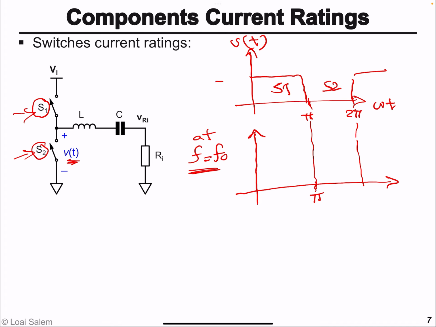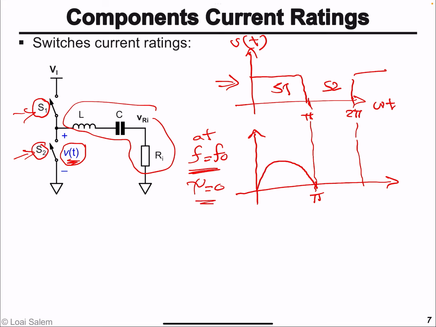So when the square voltage essentially matches the resonant frequency of the RLC circuit, we'll find that the current is in phase with the applied voltage. So essentially it's a sine function with 0 phase.